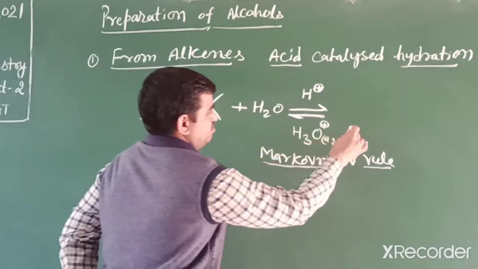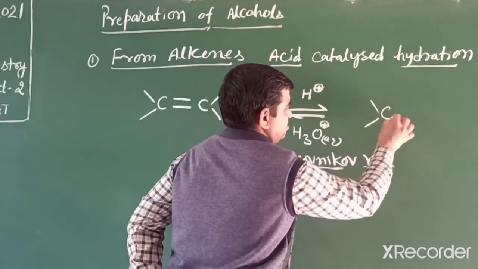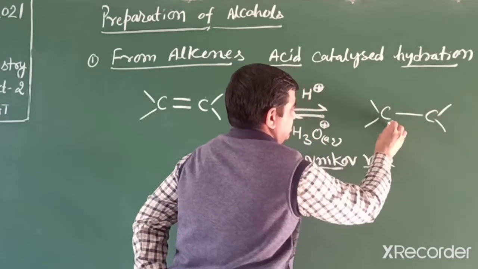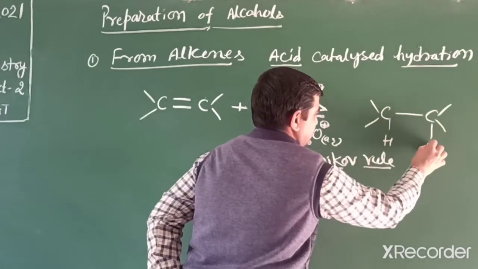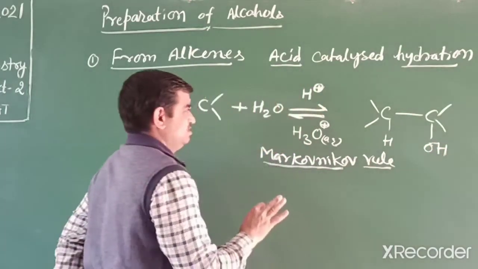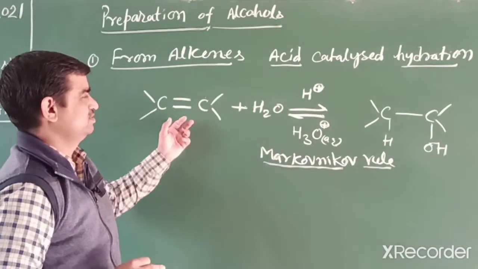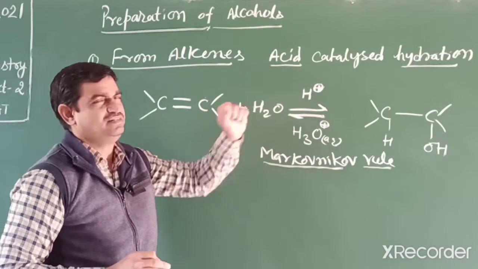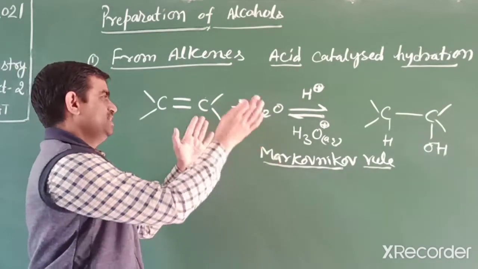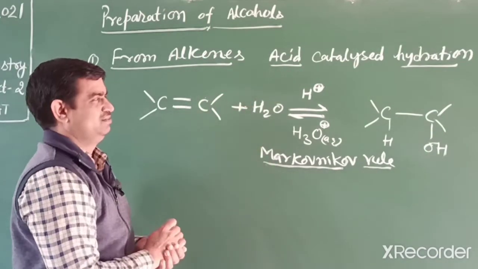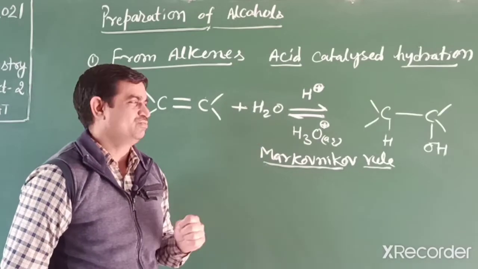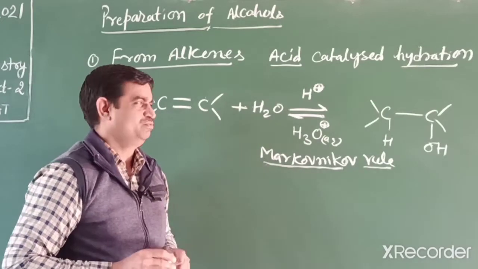We write one carbon with hydrogen and the other with OH. This reaction is known as acid catalyzed hydration. It means addition of water on alkene gives alcohol according to Markovnikov rule.